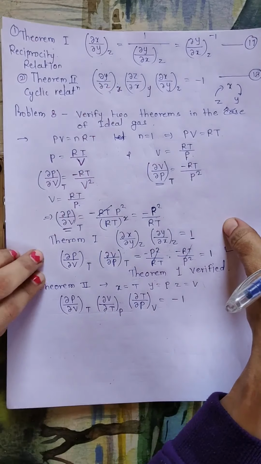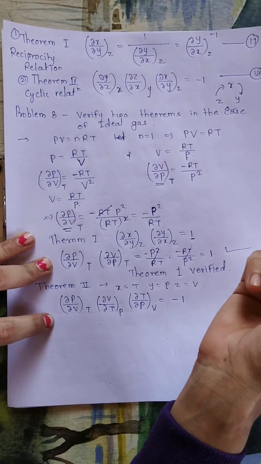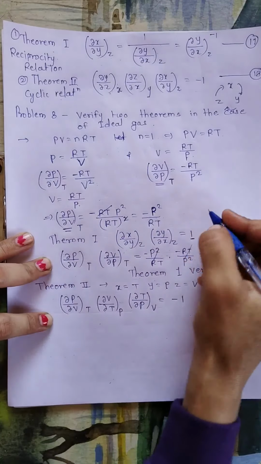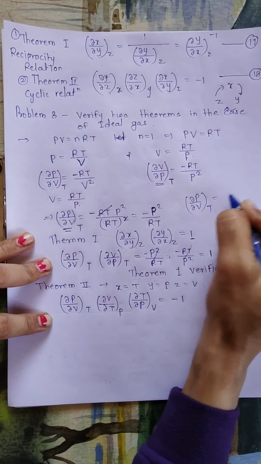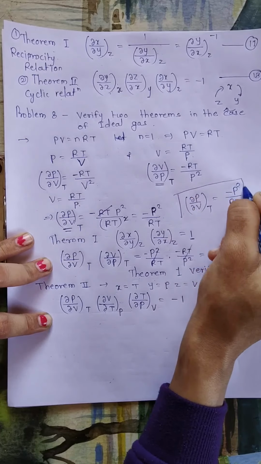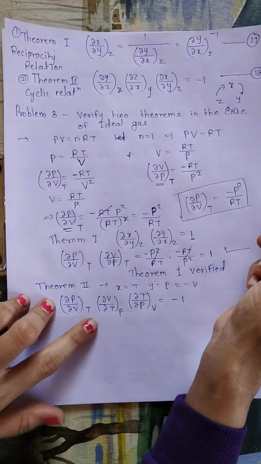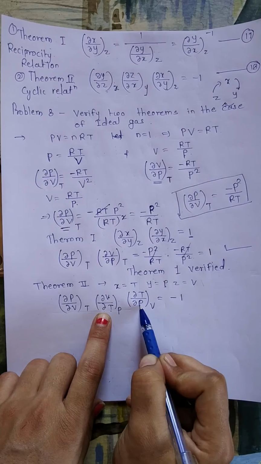Now we already have found the value of ∂P/∂V. What is that value? ∂P/∂V at constant T is -P²/RT. So this we have already calculated. Now we have to only calculate ∂V/∂T and ∂T/∂P.